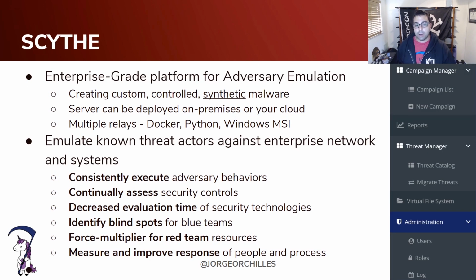Now for deploying our malware, we're going to use Scythe. That's because Scythe specializes in creating custom, controlled, synthetic malware that will run in a production environment without introducing risk. It's also a tool that allows you to emulate known threat actors and automate a lot of those TTPs.